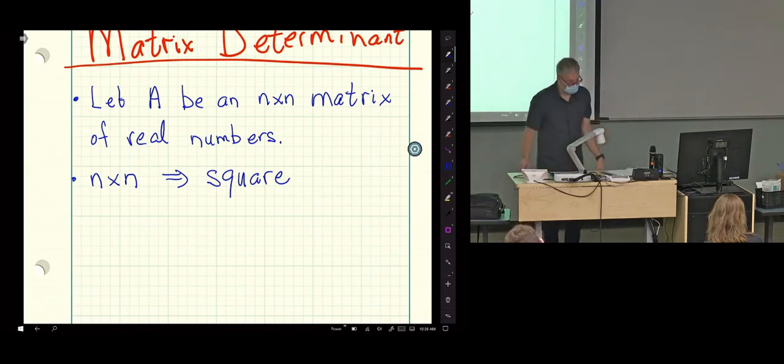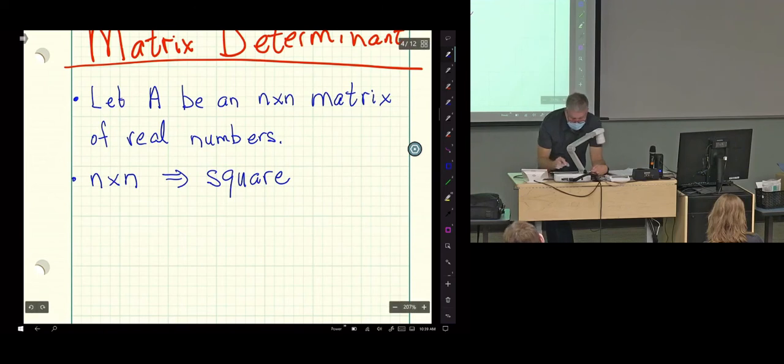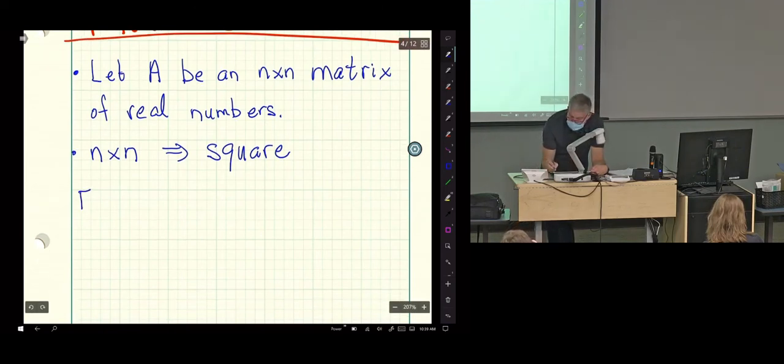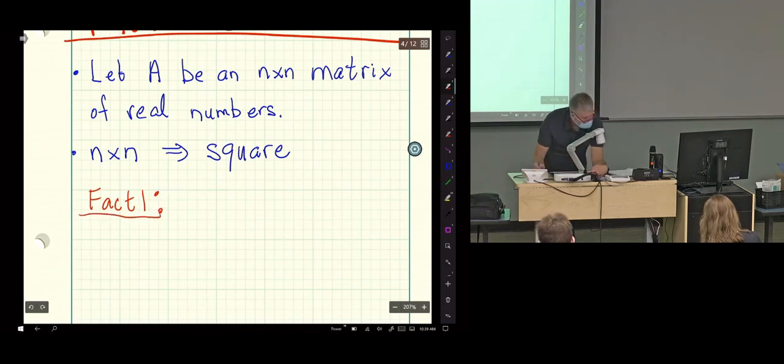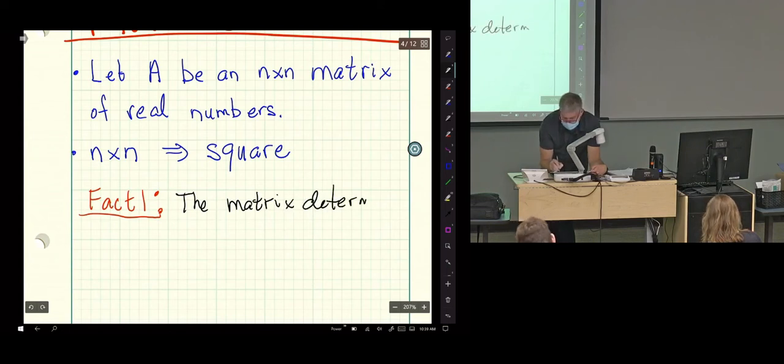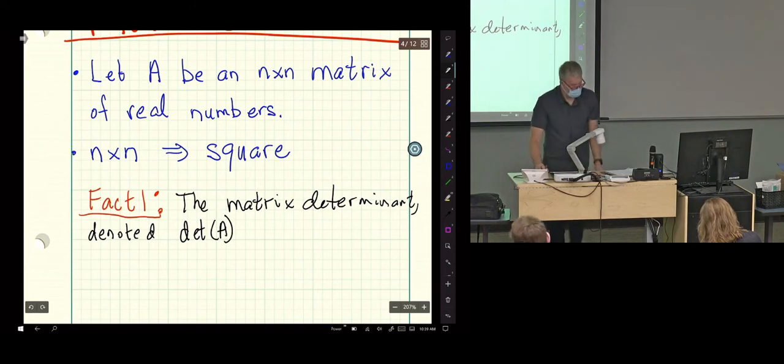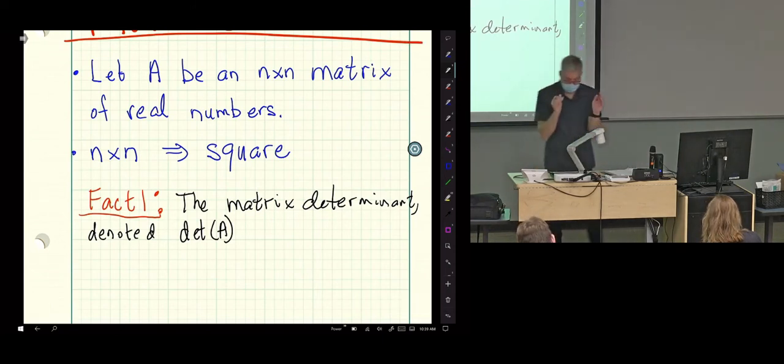So the first fact, fact one: the matrix determinant, denoted det of A. We put parentheses around something to show it's a function.